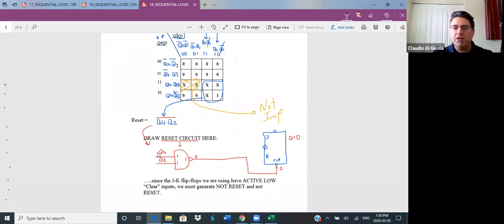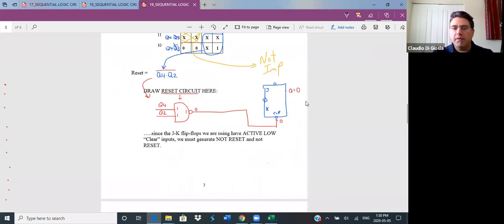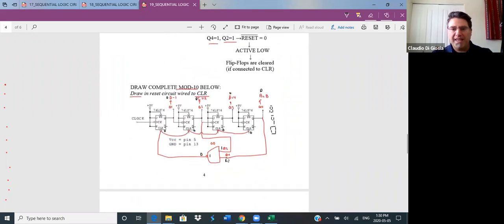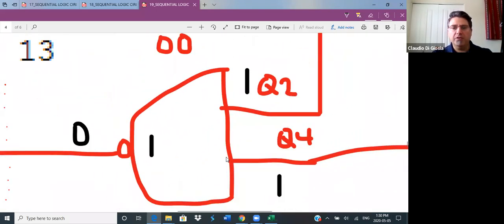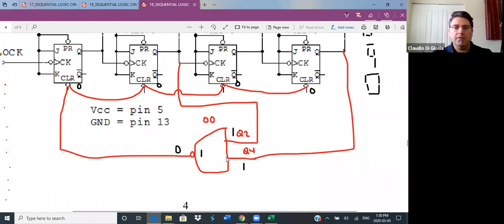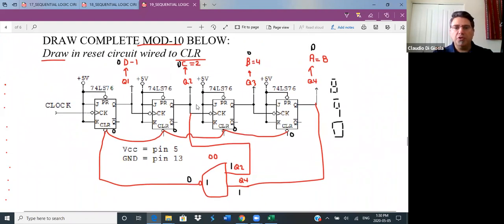What that means is I'm going to take Q4 and Q2, build a reset circuit with a NAND gate that will be attached to my counter. So my counter is made up of JKs all the time. Well, in this course anyway. There are other ways of doing it. Okay, so I have this, which you have to know how to build and write, and actually you have to know all the pin numbers as well.